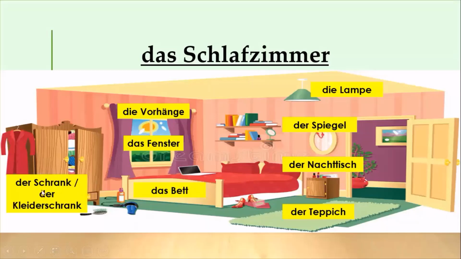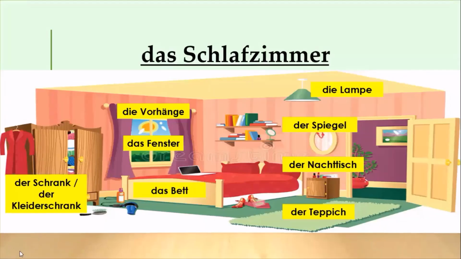Then der Schrank is the cupboard, but specifically the cupboard in which you put Kleider or dresses becomes der Kleiderschrank, the wardrobe or the closet also, as we say in English.